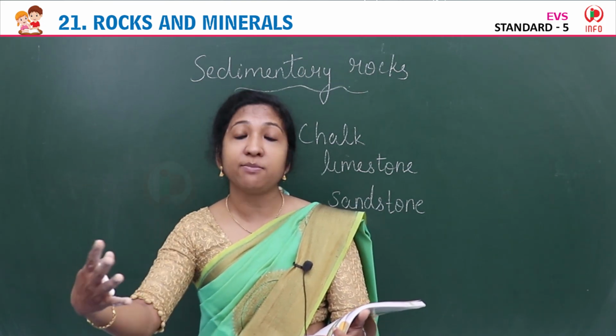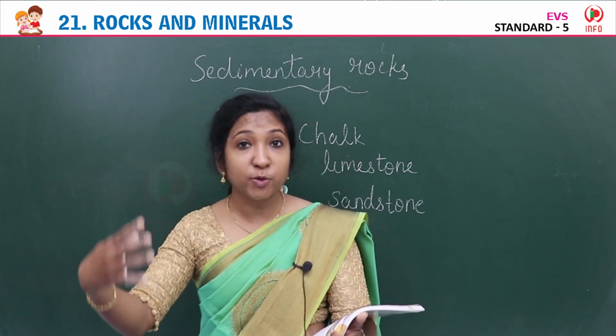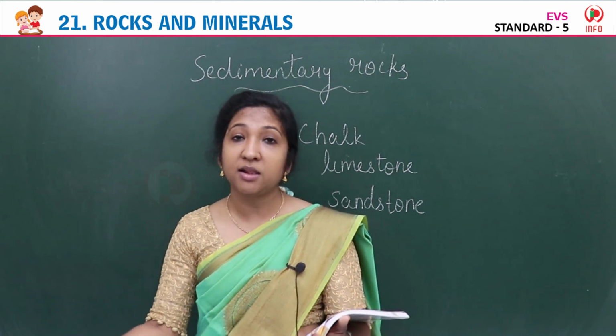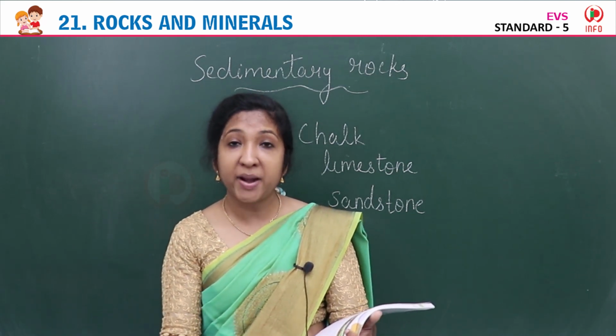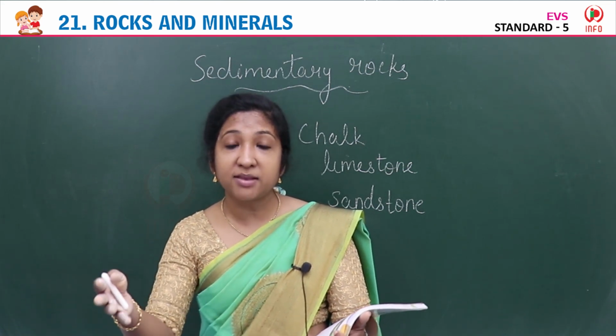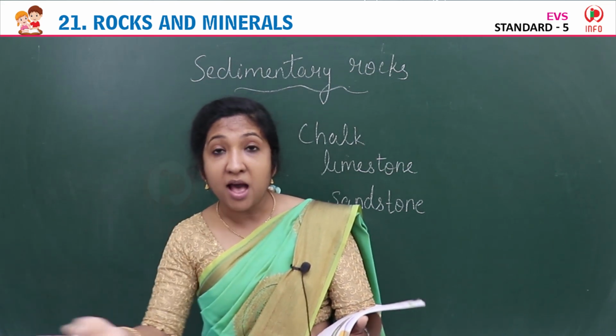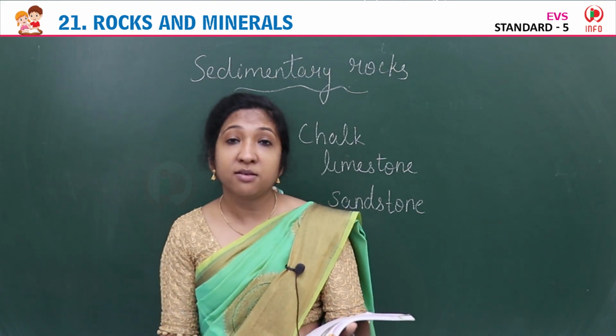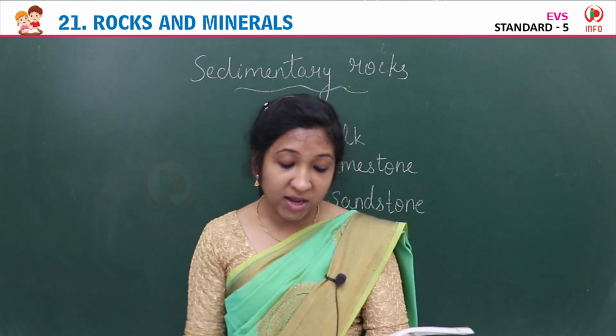Over a period of time these layers get deposited at the bottom of the sea, lakes or ocean bed, and because of the pressure of the layers of sediments, the lower layers form sedimentary rocks.